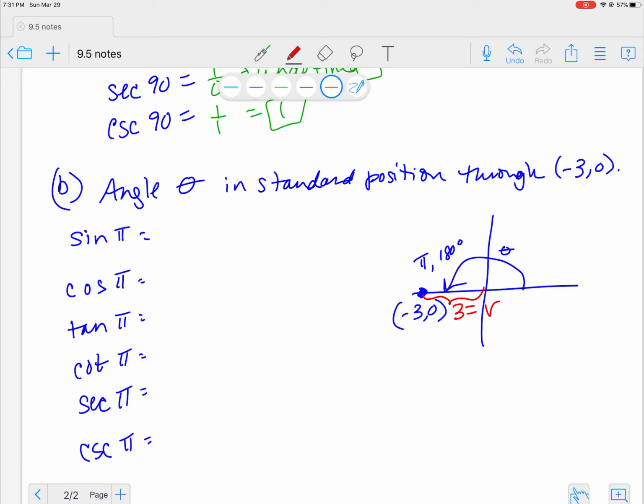Even though I'm going out to -3, my r is going to be +3, remember, because it's that distance. That's how far out we are going. Okay, so do it up. For sine, we'll go black. Why not? Then we have 0 over 3.